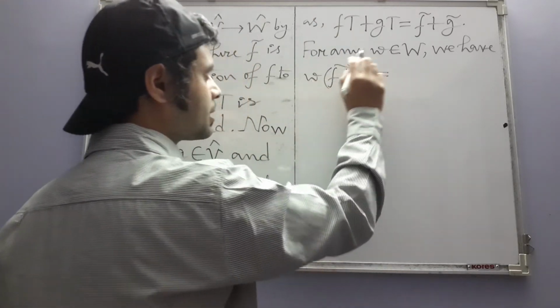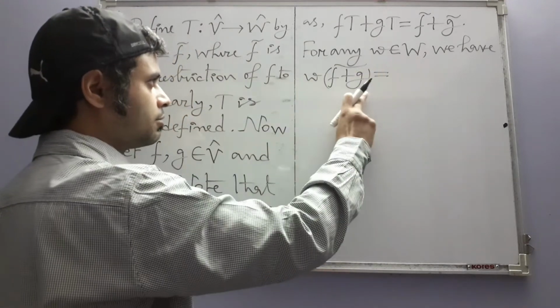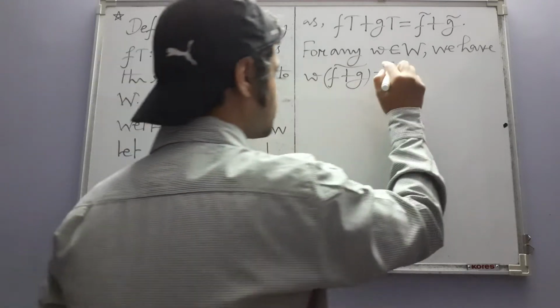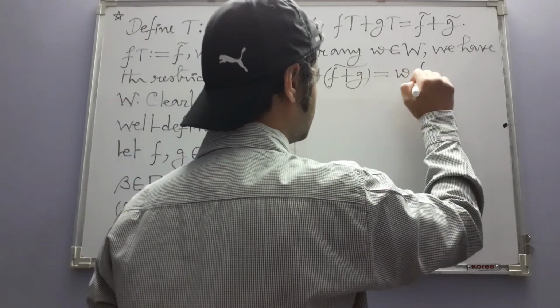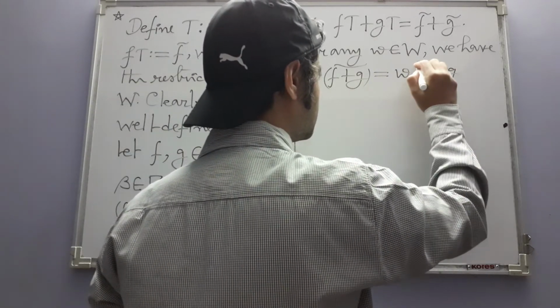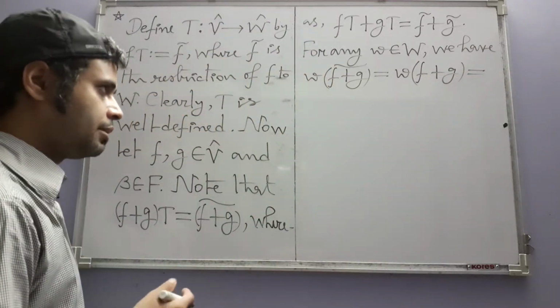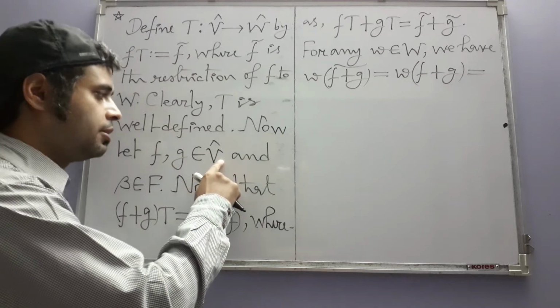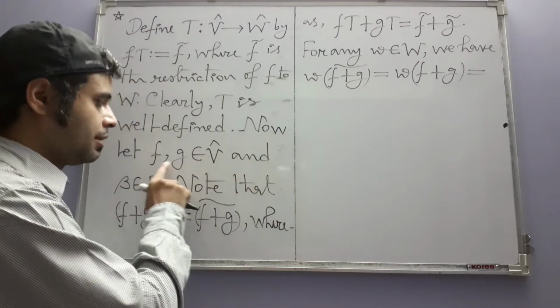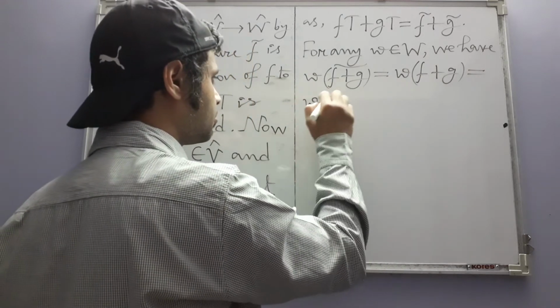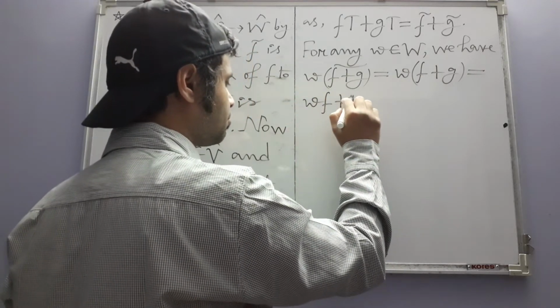Because this w is after all coming from W, and this is a restriction of F plus G on W, so by definition of restriction, this is (F plus G) of w. But by the definition of addition in this space, that is by the meaning of F plus G, this is nothing but F of w plus G of w.